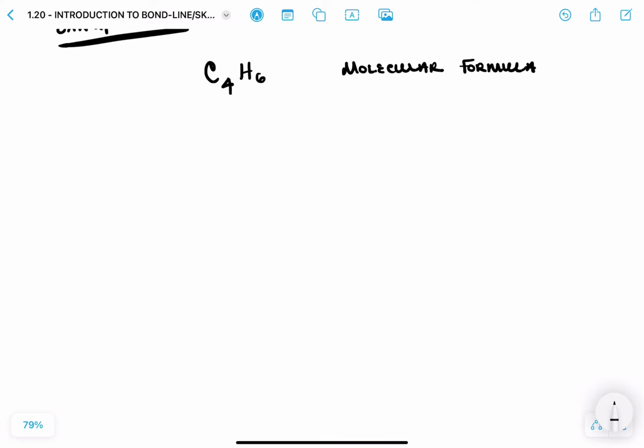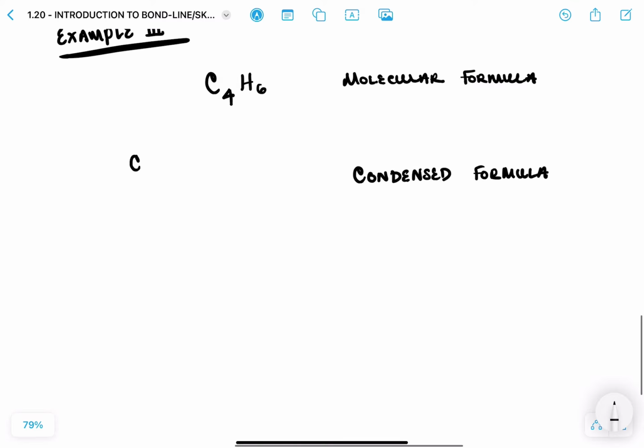Now, I'm going to introduce a new type of structure, a new type of notation, the condensed formula. Condensed formulas are helpful because they tell us which isomer we're dealing with. And so condensed formulas are essentially a reading of what the molecule looks like from left to right.